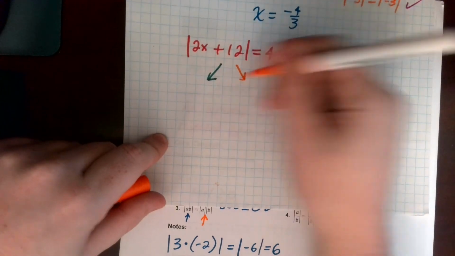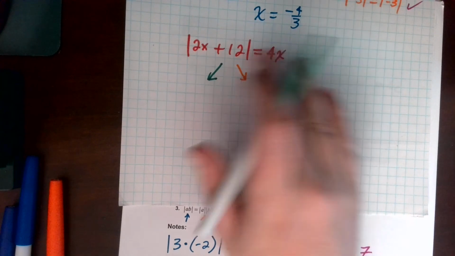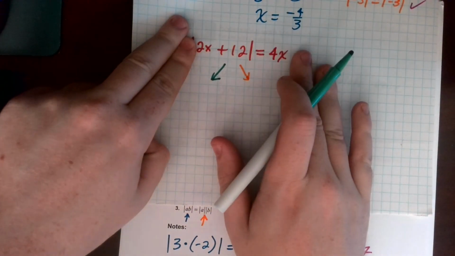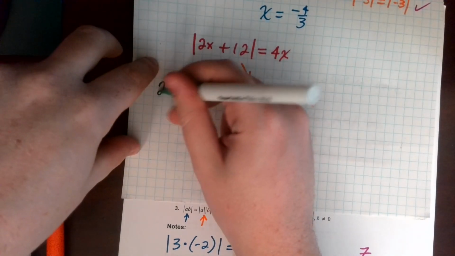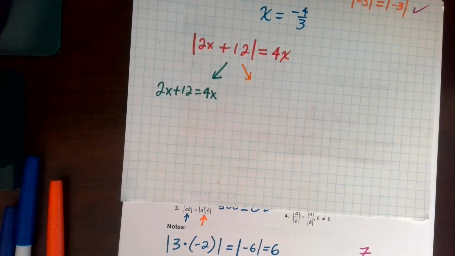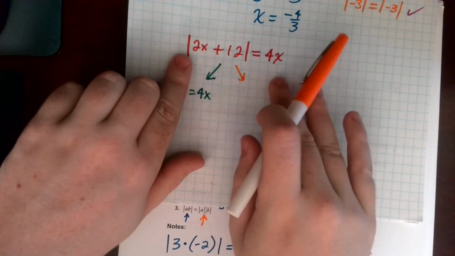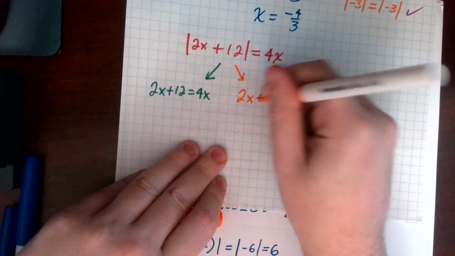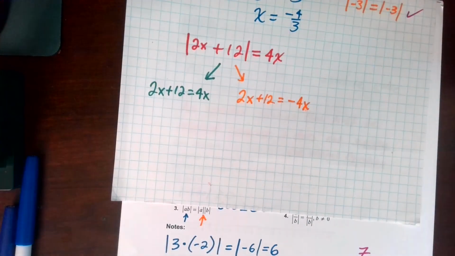On our positive version, our left version, we want to get an expression for 2x plus 12 that'll equal 4x. So we say that 2x plus 12 equals 4x. On our right version, remember that negative 4x in absolute value symbols will also equal 4x. So we want to get an expression where 2x plus 12 equals negative 4x. Okay.